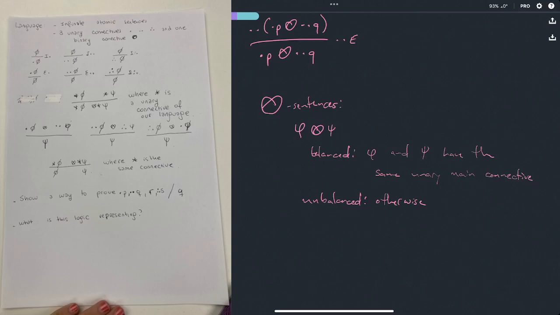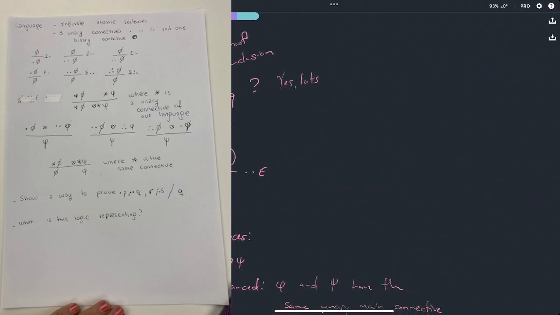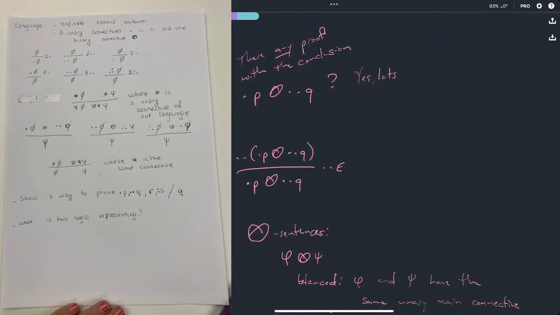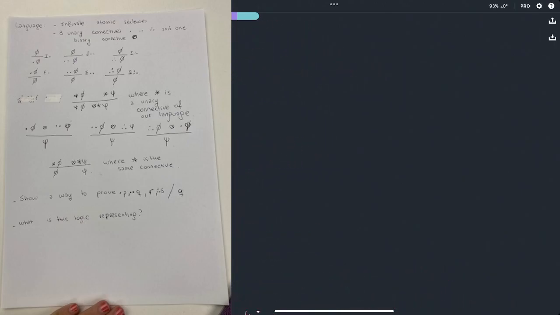We could never get a proof of an unbalanced pretzel sentence from that pretzel intro rule. That seems right. So what's the generalization I'm looking for here? There definitely are proofs with unbalanced pretzel conclusions, as we've seen. We've seen some examples here.